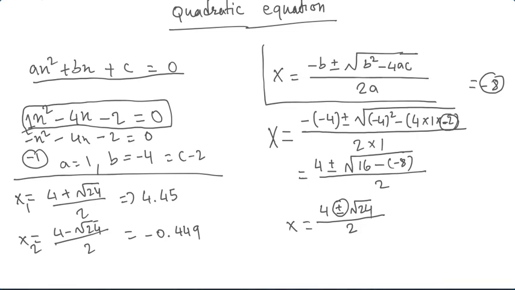So guys, 4.45 and minus 0.449, these are to three significant figures.